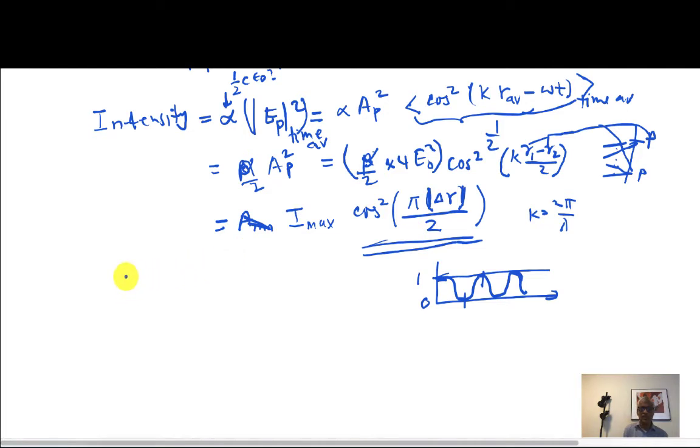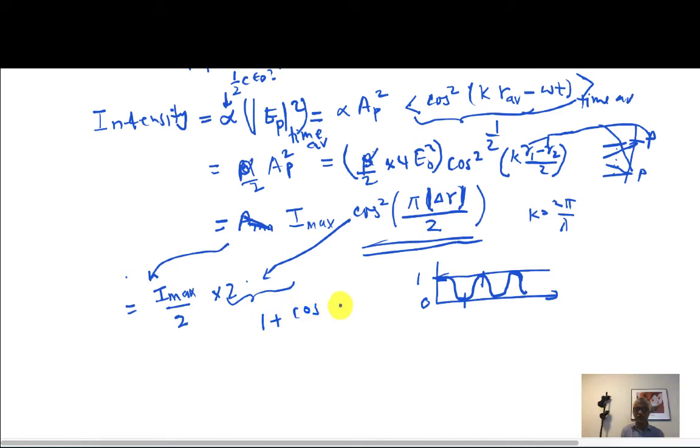So when do you think it is going to be 0, 1? Well, we should be able to see it by using the half angle formula. If I do 2 times this stuff, 2 cosine square is 1 plus cosine 2 theta, so 1 plus cosine of 2 pi delta r over lambda.